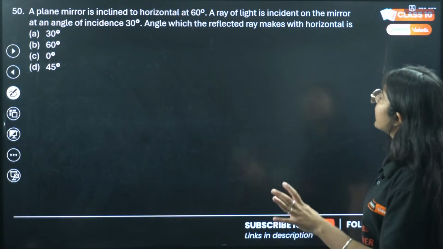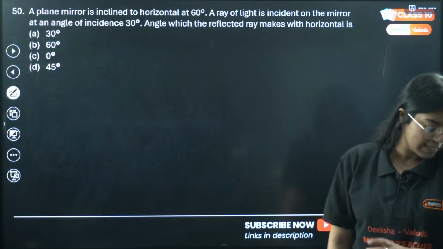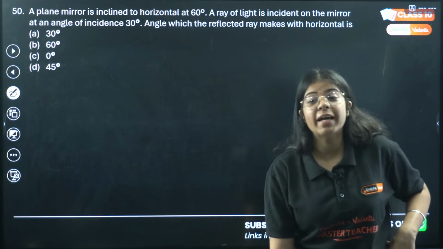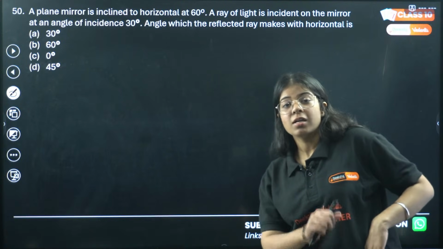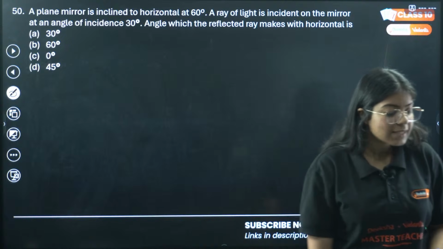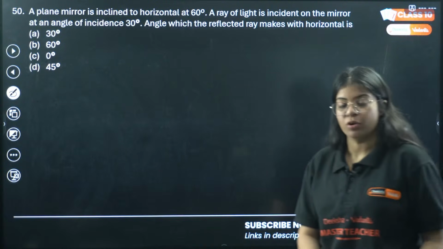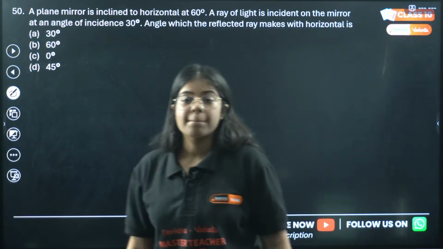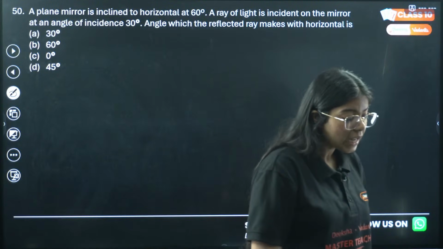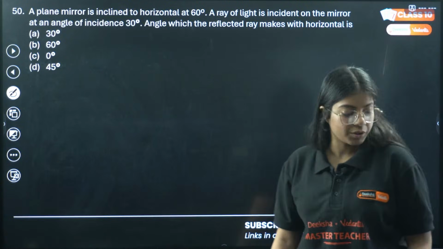Angle which the reflected ray makes with horizontal is. Can you answer me this, guys? This is a very great question and it's a CBSE PYQ. This has come in the boards before. What is the angle that the reflected ray will make with the horizontal?